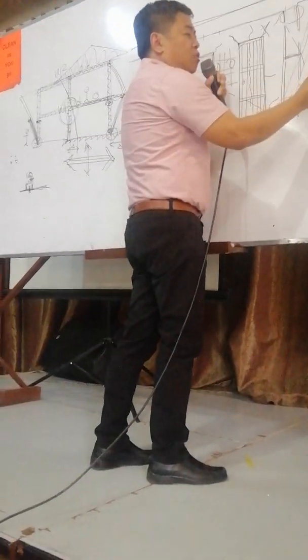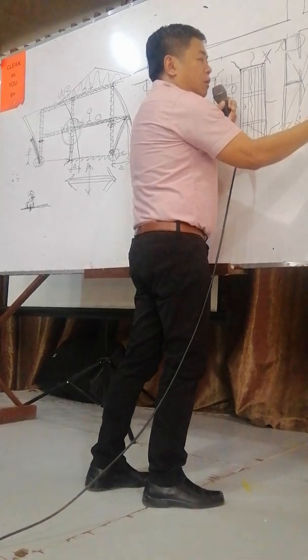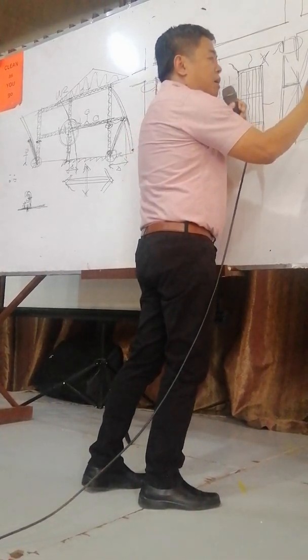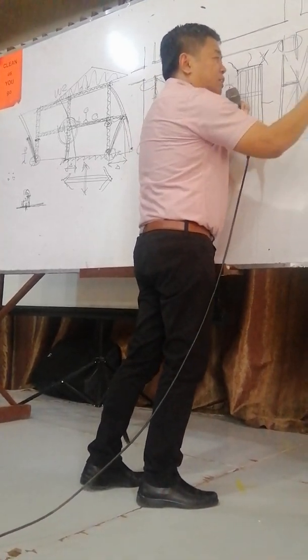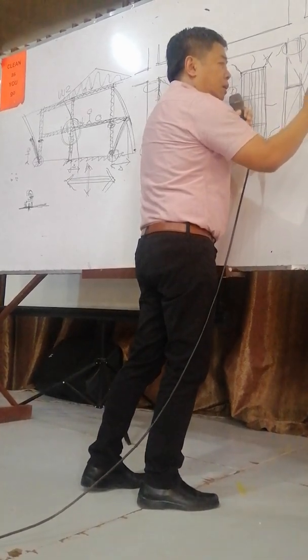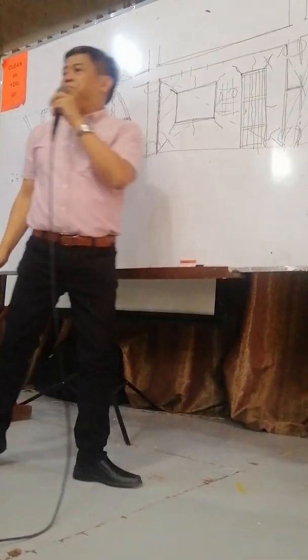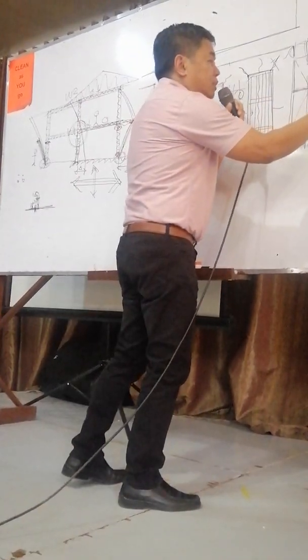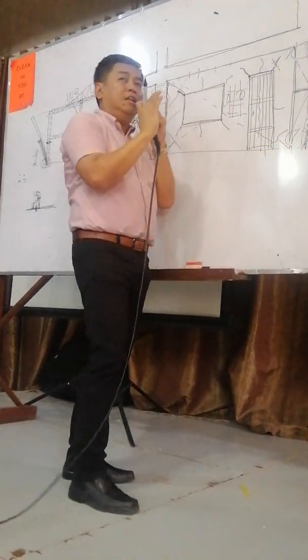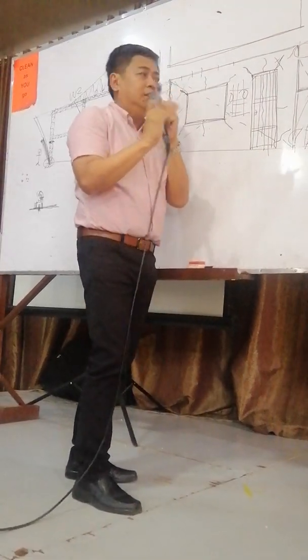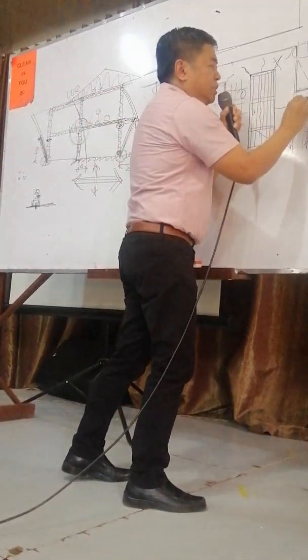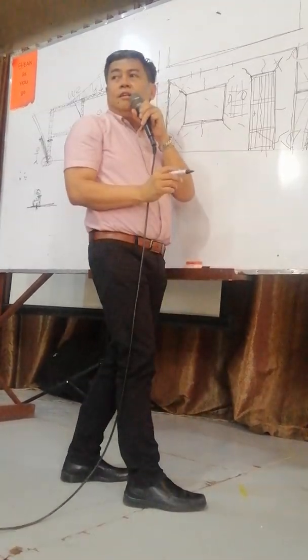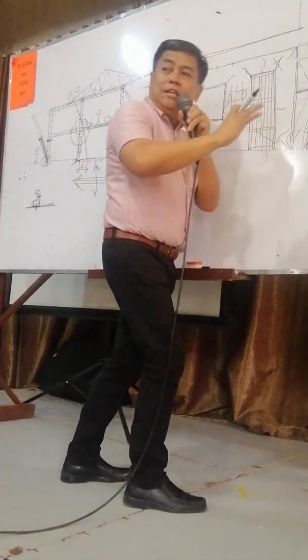For example, only four bars, what we call the main bars, looped by stirrups or hoops. If these are so few, it gives flexibility. If they are spaced farther apart, it gives flexibility.